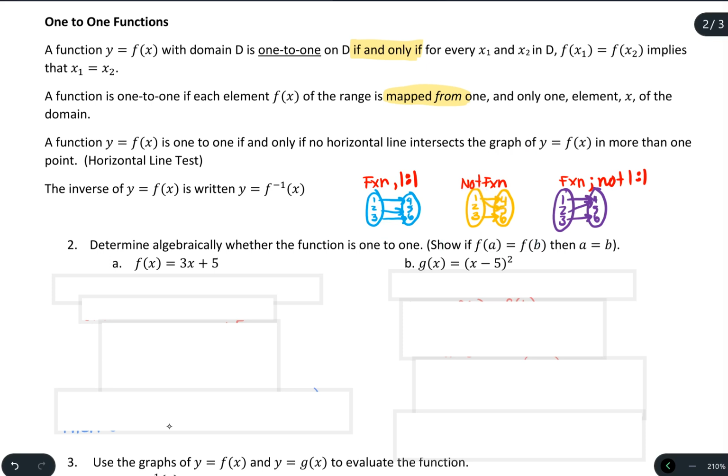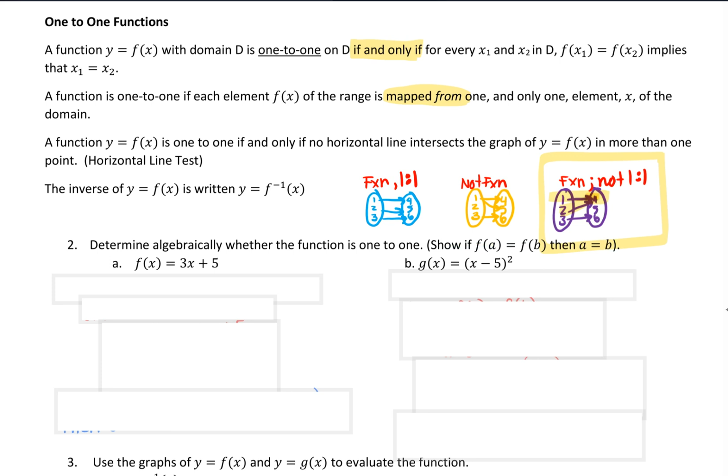And the third diagram here is a function, but it's not one-to-one because each input has only one output, but the output here of 4 comes from two different inputs. So therefore that one is not one-to-one.